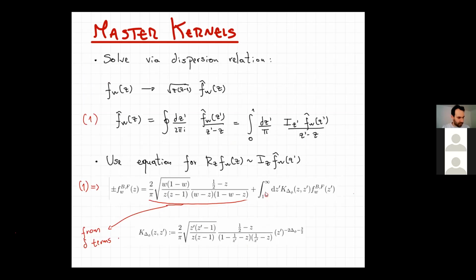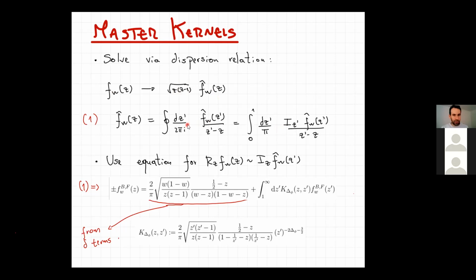The other way of solving it is by a dispersion relation. What's the idea? First of all, we do a little bit of a change of variables. We pull off some square root factors from the kernel.